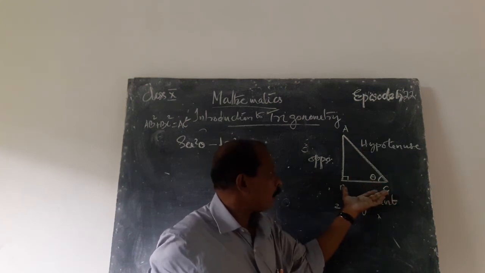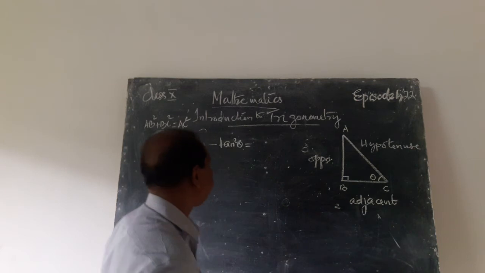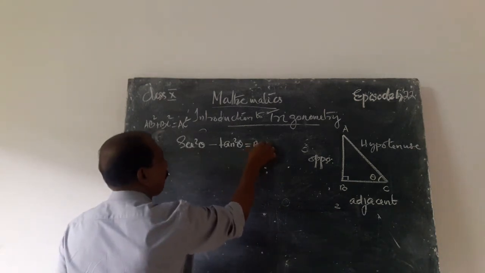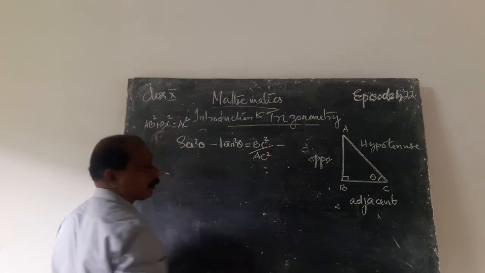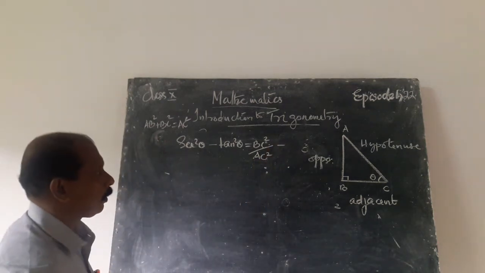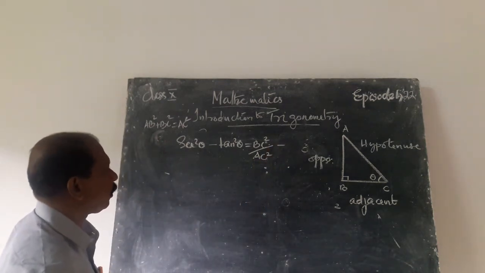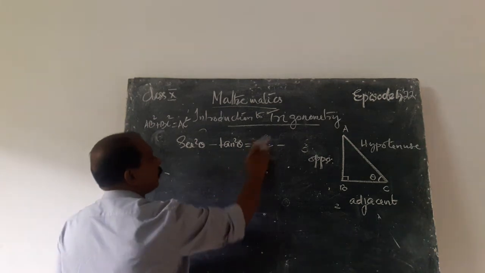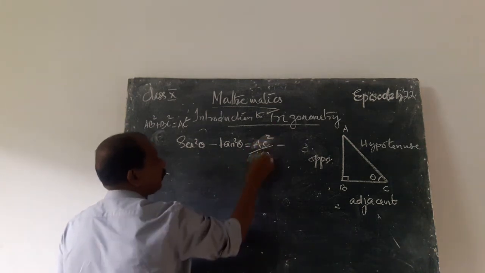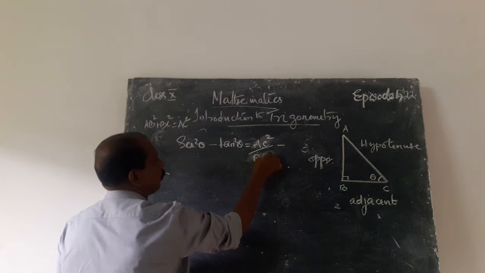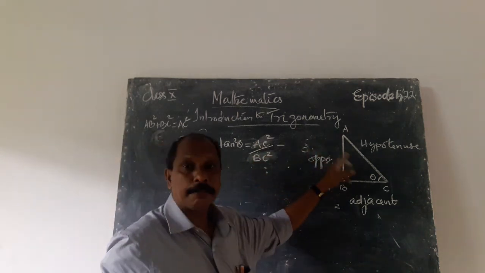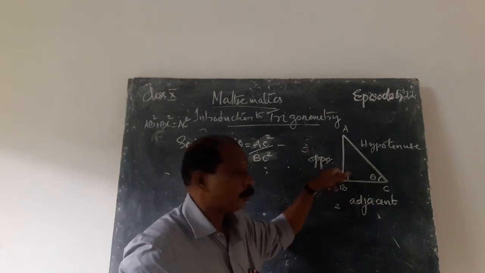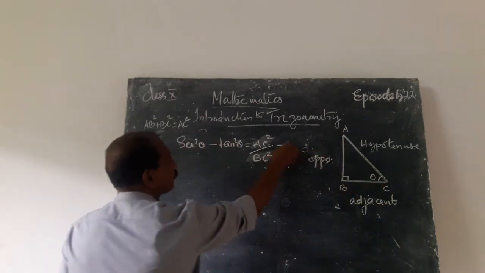Therefore, BC square by AC square. What is tan theta? Sorry, cosec is AC square by BC square. What is tan theta? Opposite side by adjacent side, that is AB square by BC square.